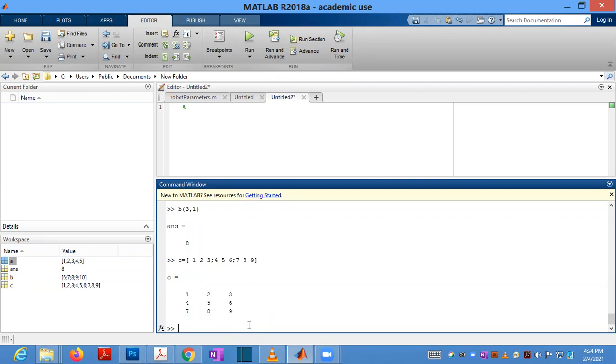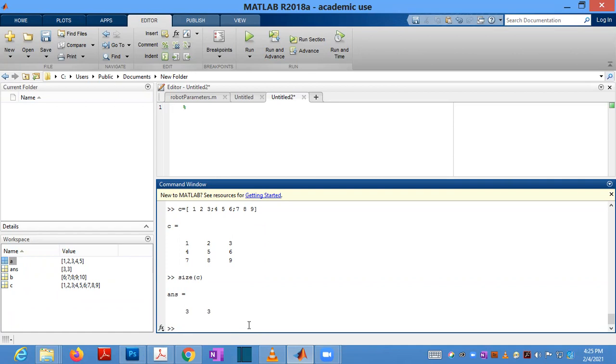So this will be your C matrix, and if you enter size of C, it is a 3 cross 3 matrix. Like this only a matrix is entered. A row vector is entered with gaps and a column vector with semicolons. You have to incorporate those things, and you can enter this as a matrix.